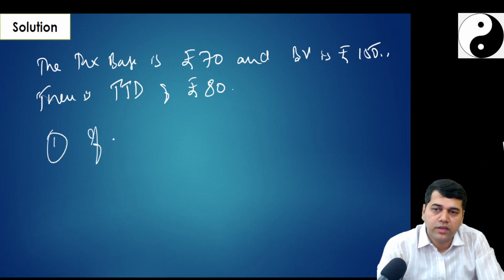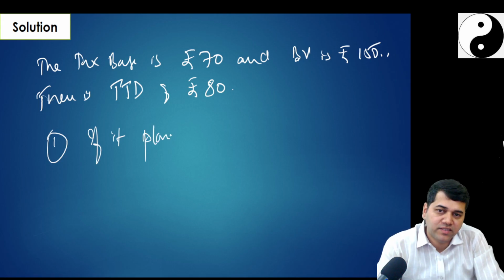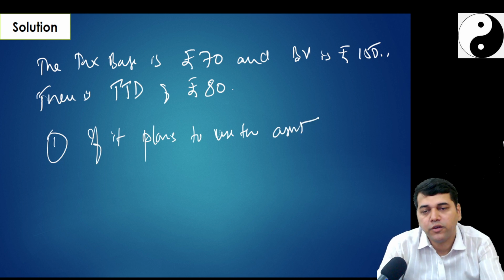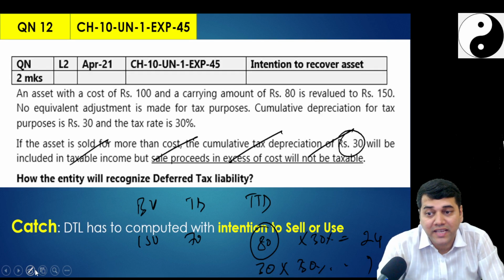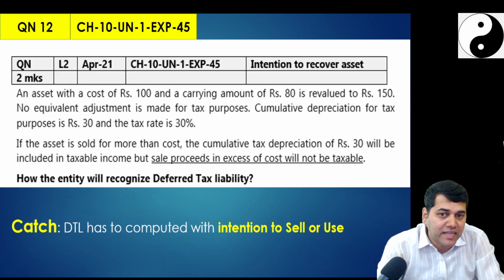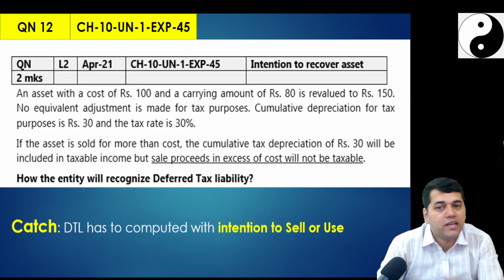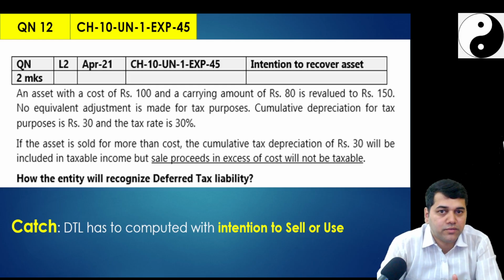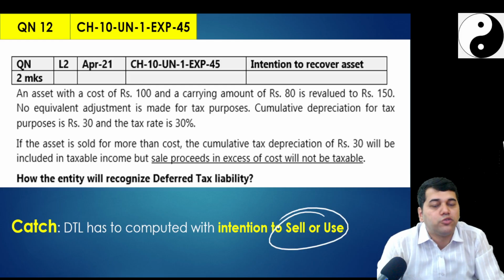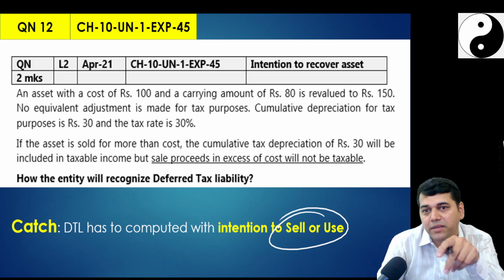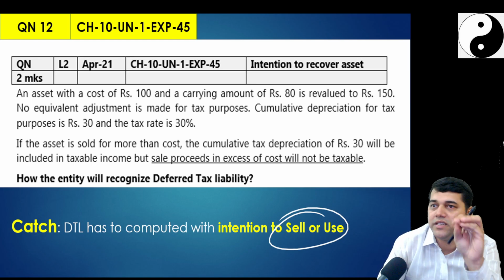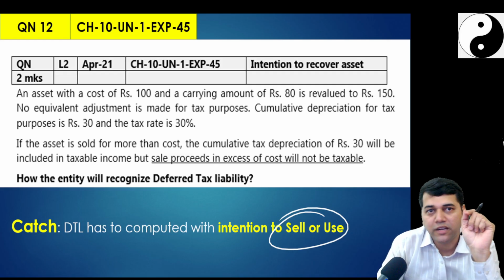If I go into the solution, as I told you, there is a catch. The question is silent about whether you are going to sell or use it, and they have not given two different percentages. But in the solution, they have told you the intention to sell, use and all that story. So in the examination, they may add some spice to it, telling that they have a plan to sell.